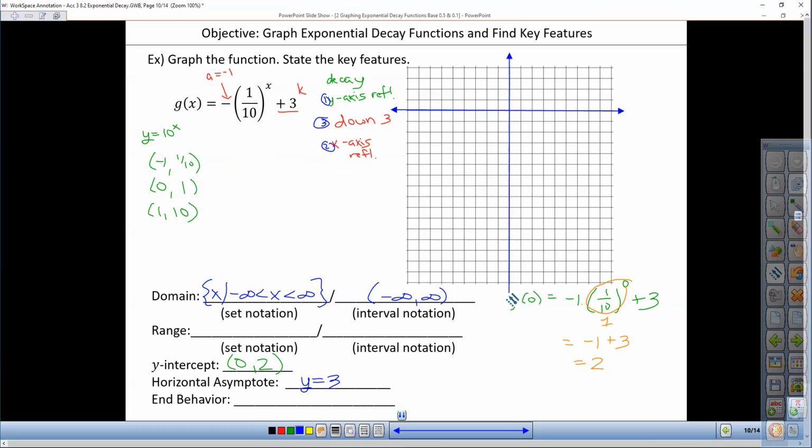No need really to move that anywhere. Put some numbers on here. All right, and now I'm going to draw my asymptote, which is y equals 3.